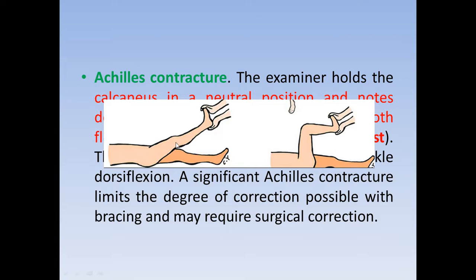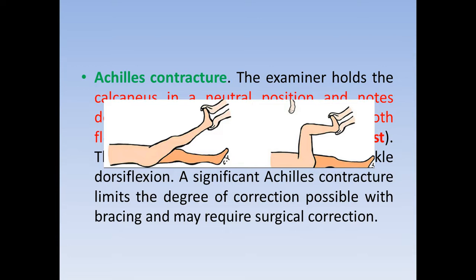Anyway, starting from extension or flexion, you can do the test. The aim of this test is to detect if the Achilles tendon is tight or not compared to the other side, and if it is tight below or above the knee.